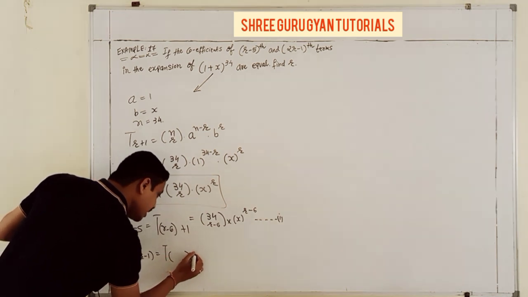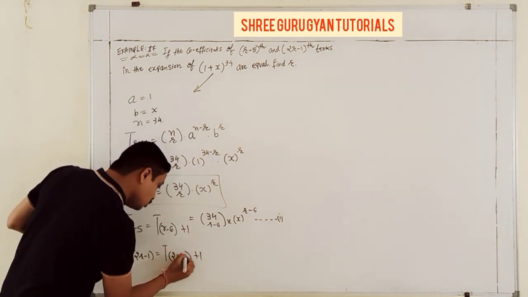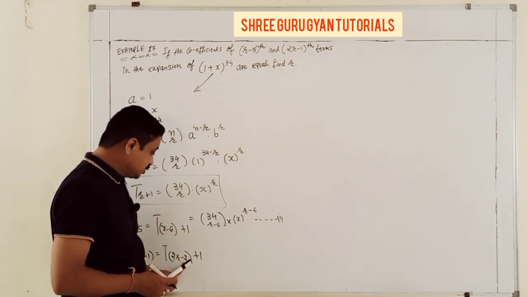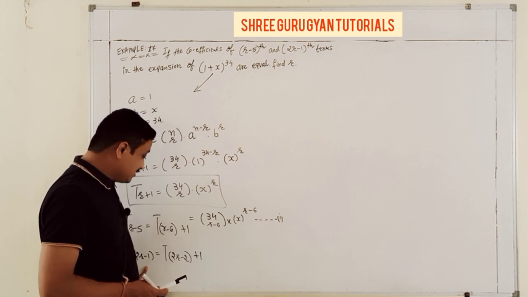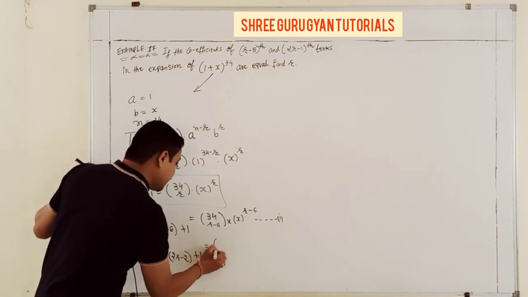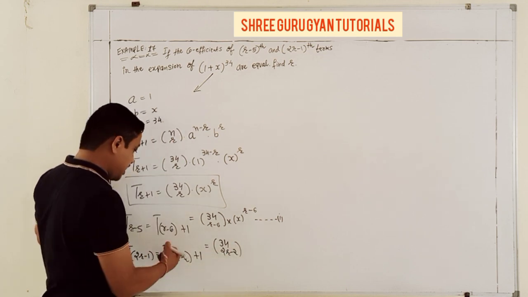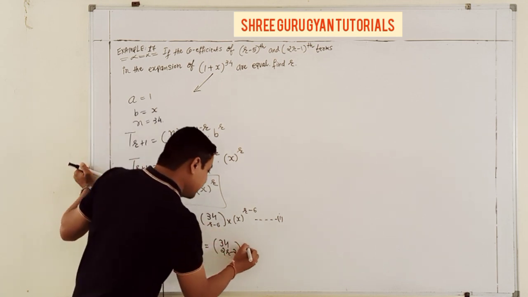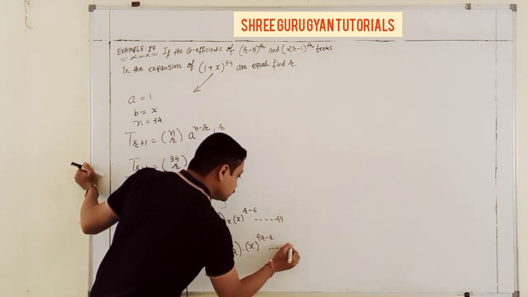And similarly, the term of 2r minus 1. Students, here I show the same, but internally what do we write here? 2r minus 2, because minus 2 plus 1, how much? It is minus 1. And in that same case you can apply 34C(2r minus 2), but x raised to 2r minus 2. Statement number 2.